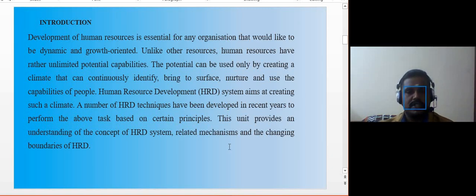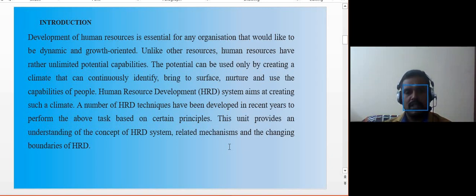See the introduction. As I already told you, we must value the human resource in the workplace, because without the human resource, without human involvement, the remaining resources are meaningless. There is no requirement for the remaining resources. It is human activity that is involved in integrating all the managerial parts of the business activities.